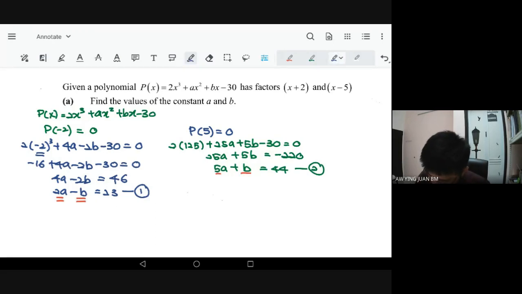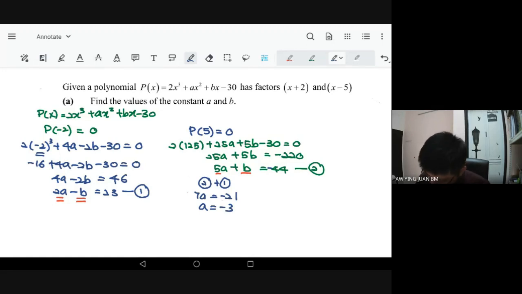So in here, the second equation plus the first equation, we will have 7a and then 0b, and then negative 44 plus 23, and we will have negative 21. So a is equal to negative 3.